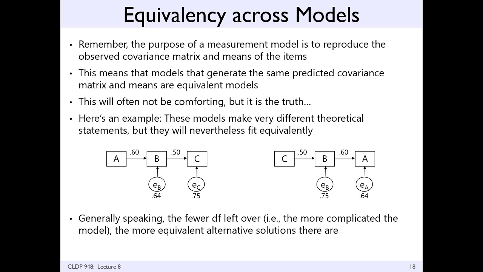So here are two very different theoretical models, 3 variables. Models with only observed variables are called path models. Models that also have latent factors are called structural equation models.